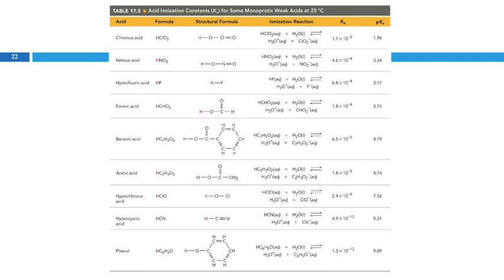So this is a table from the textbook showing some acids and their ionization constants. This is not something you memorize. I do not have memorized any of the Ka or pKa values for weak acids. We just look these things up.